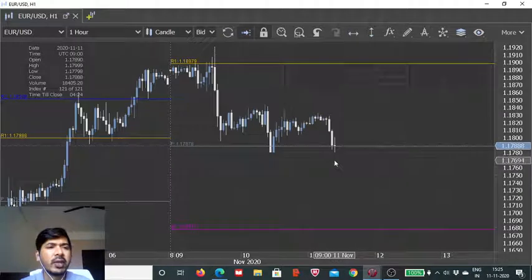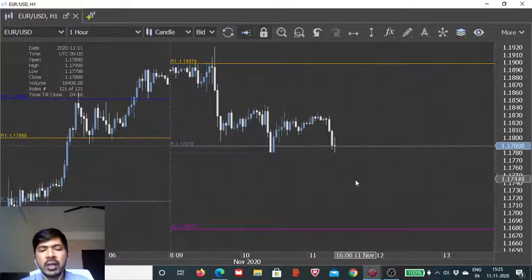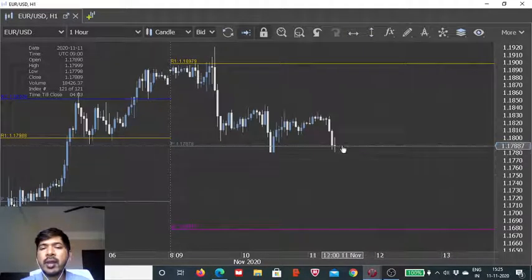And if the price action drops below this key level, then after due consolidation we can even think about going for a short sell trade, which then gives us the target closer to this first support, which is down all the way around 1.167, so around a 100 to 110 pips difference between the central pivot point and first support.